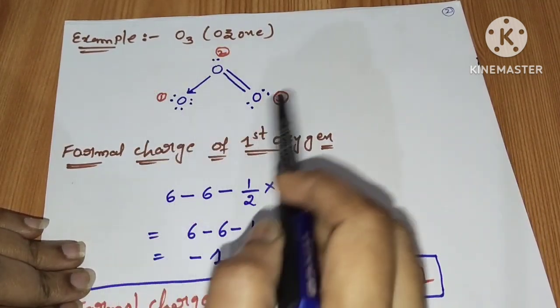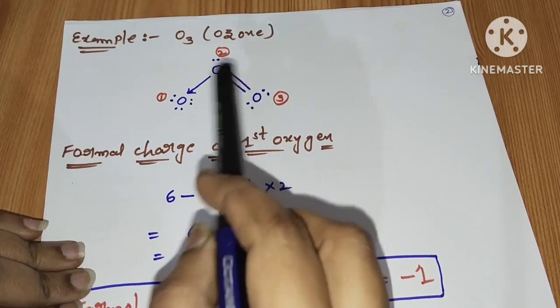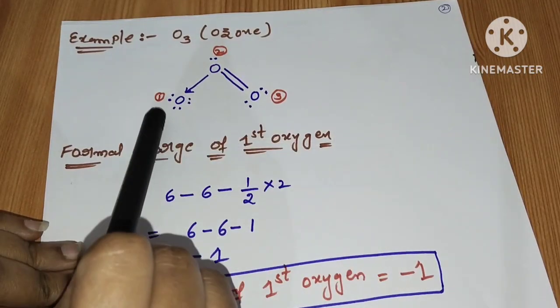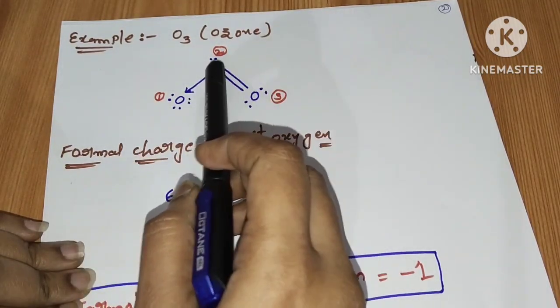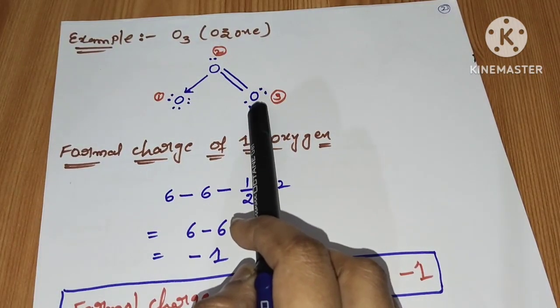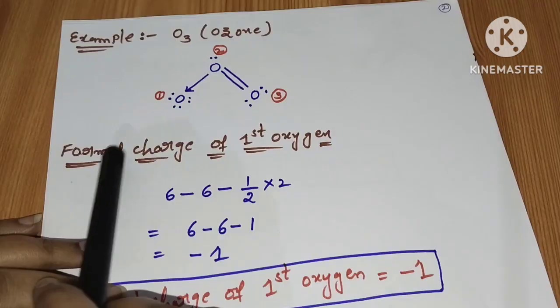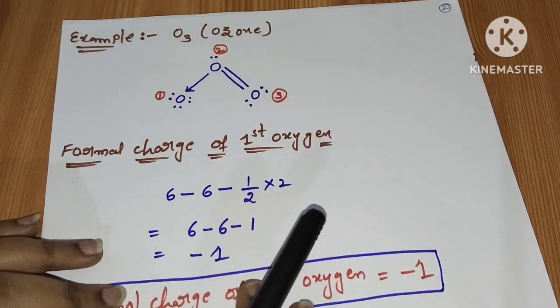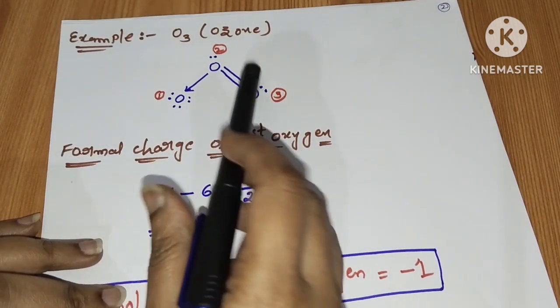This is the Lewis structure of ozone. Here, this is the first oxygen, this is the second oxygen and this is the third oxygen. For calculating the formal charge, we have to know how to write the Lewis structure.